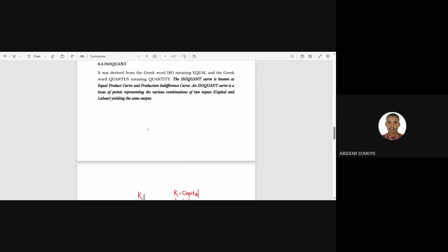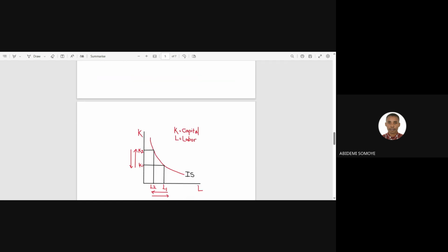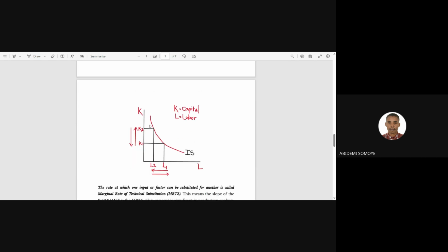Combination of two inputs that yield the same level of output, and you can see that here. Just like our indifference curve, you can see that an isoquant is downward sloping. You see that?